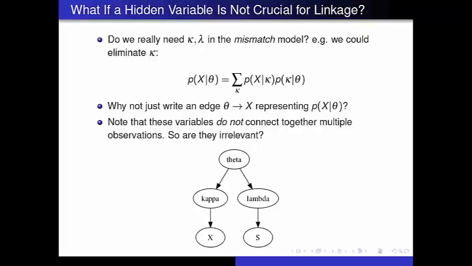Just mathematically, clearly, we could do this, and from this probability, we'd be able to reduce it to a likelihood that would just be probability of x conditioned directly on theta, okay? These variables don't actually connect to any other observable other than just one observable directly, right? So you could ask yourself, well, gee, maybe we don't really need kappa and lambda. Right? We just go straight from theta to x and straight from theta to s. Why not?